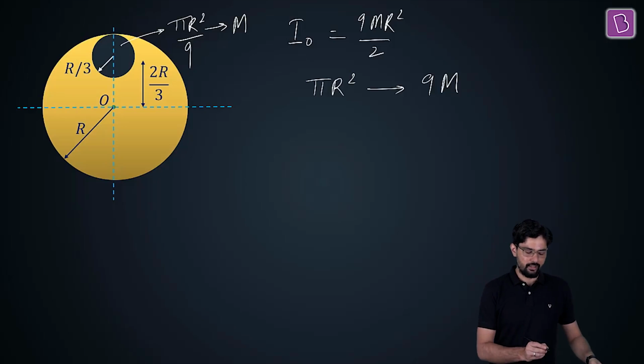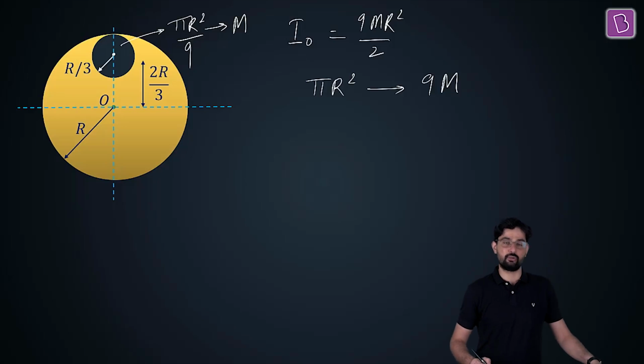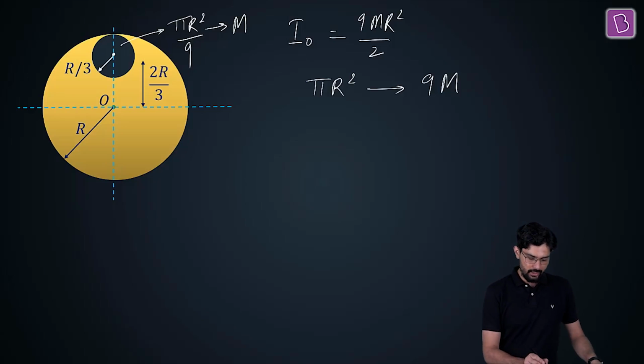And now first we will have to find out the moment of inertia of the removed portion about the axis perpendicular to the plane and passing through its center. So the moment of inertia about this axis of the removed portion, which is in the form of a circular disk itself, is going to be 1 by 2 m r square, and radius in this case is r by 3, so this is going to be r square by 9, right?